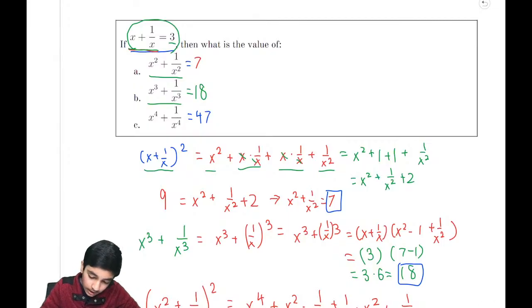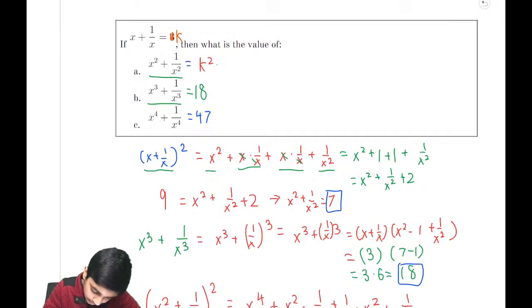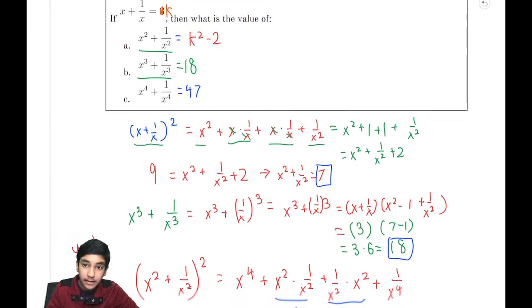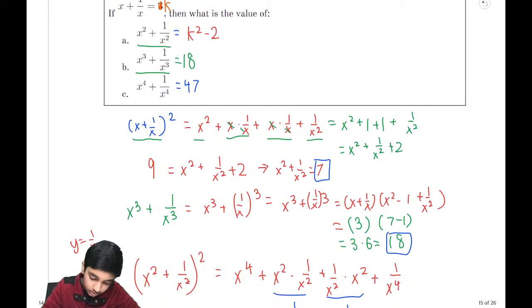So in general, if x plus 1 over x is equal to k, so let's say make any variable k, then x squared plus 1 over x squared is just going to be equal to k squared minus 2. X cubed plus 1 over x cubed will be just equal to k cubed minus 3k.